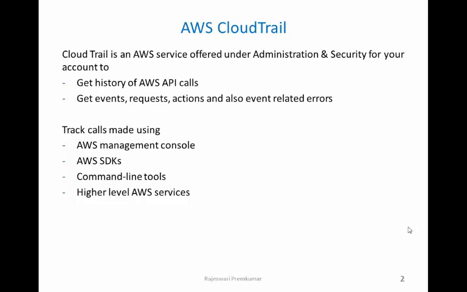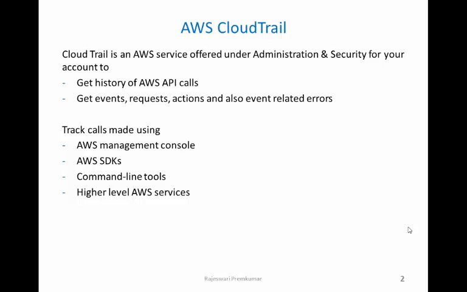So the CloudTrail gets the history of AWS API calls, and it gets the user events and tracks what requests the user has given to your account and what actions he has done on your account, and also the related errors that happen during the actions or events.